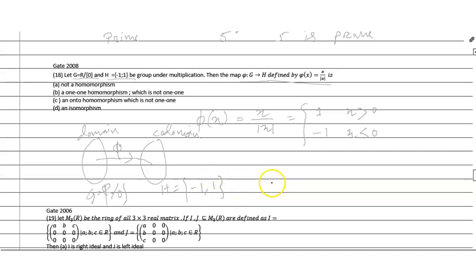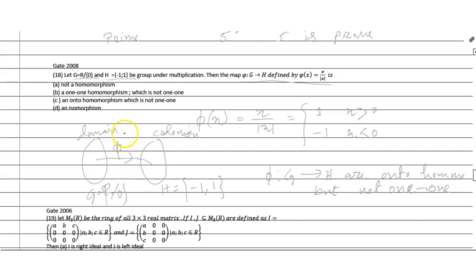So whatever we see, the homomorphism phi from G to H is an onto homomorphism, but not one-one.